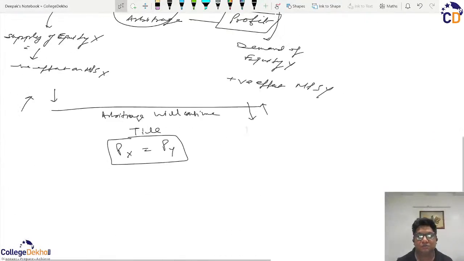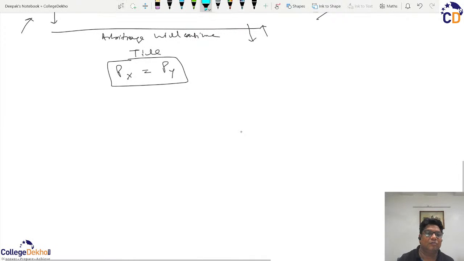In addition, there is one more theory which is normally not so important in the paper, where we use the word traditional approach.